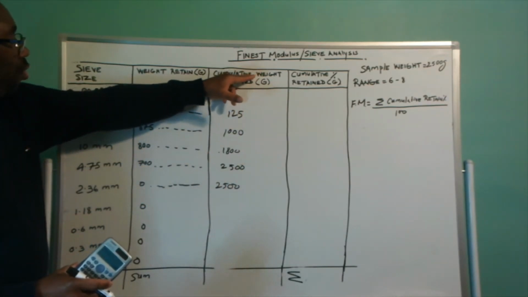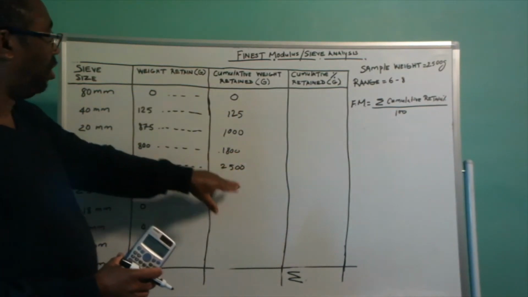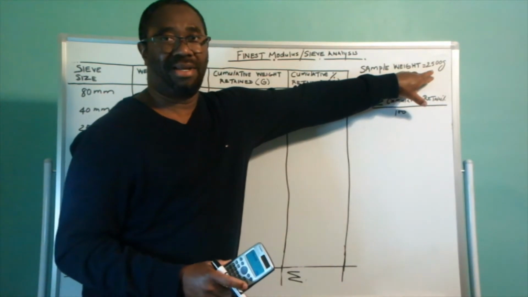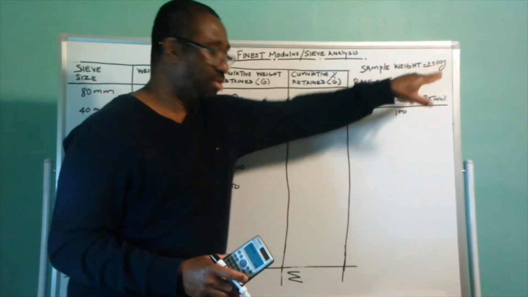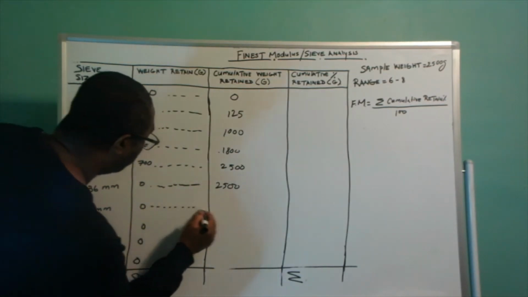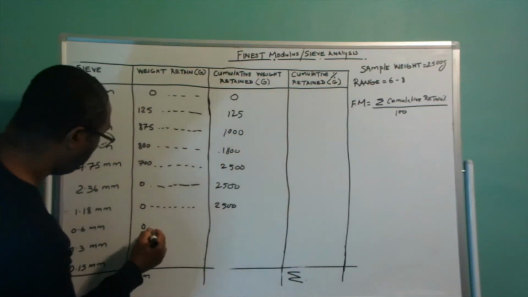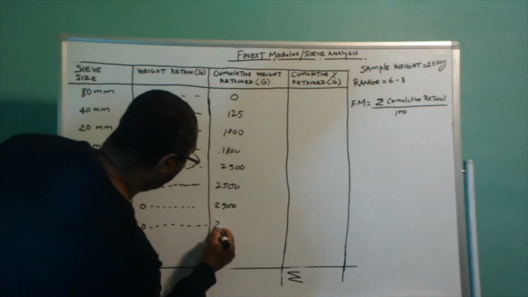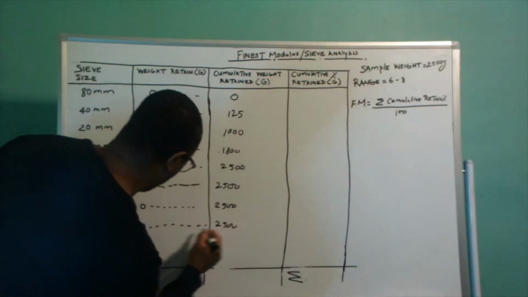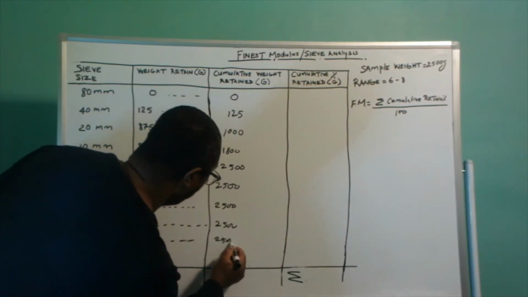If you should total the weight cumulatively, it comes back to our 2,500, which comes back to our sample size of 2,500 grams. So we can continue with this process. So this is 0. So we're going to carry back our 2,500. 0 again, our 2,500. 0, 2,500.